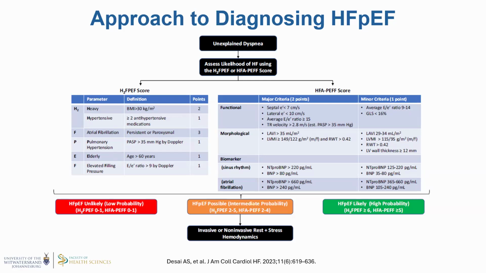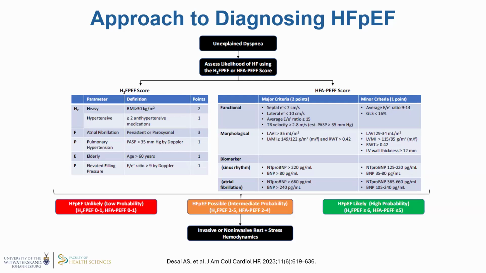So the H2FpEF score was actually derived and validated using the gold standard of invasive exercise hemodynamic testing, and is more practical for clinicians. As you can see there, most of the parameters that you need are clinical. There is your BMI, your hypertension and atrial fibrillation, pulmonary hypertension, and your age.